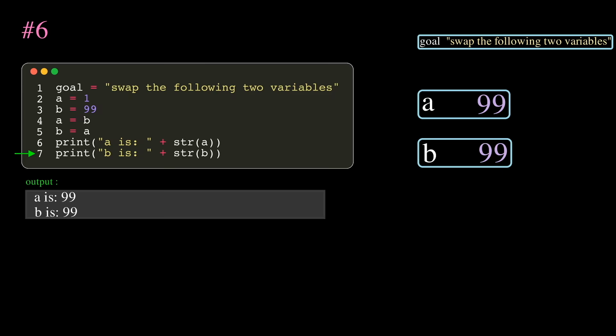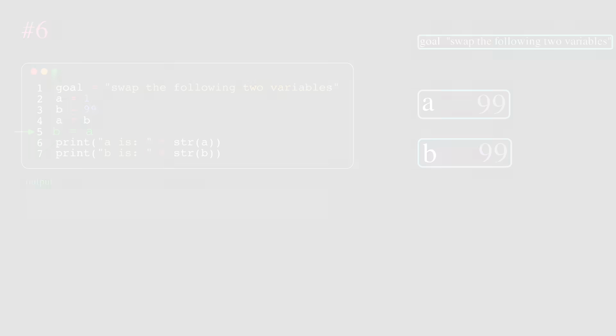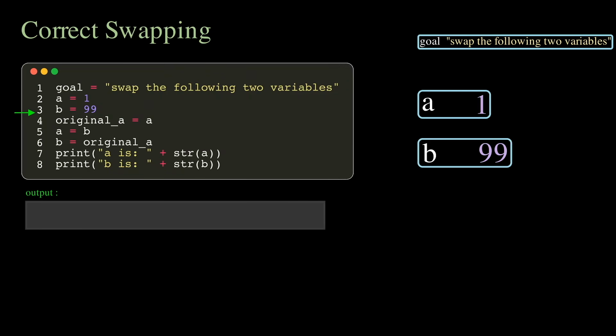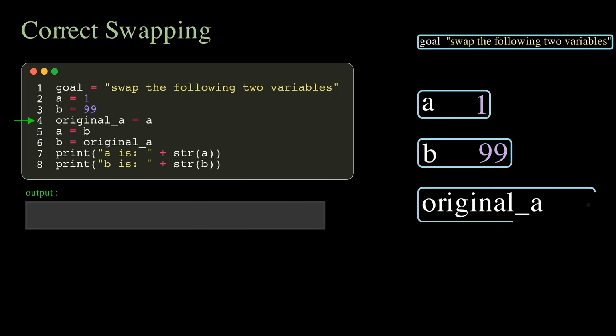What code can we add so that in the end, their values actually swap? Perhaps you remember, after line number 4, when we reassign a with the value of b, the original data which a held, the number 1, is completely lost in the environment of this program. Which means, to fix this problem, we actually need to create an additional variable here, a variable called original a, to store a's original value before a changes.